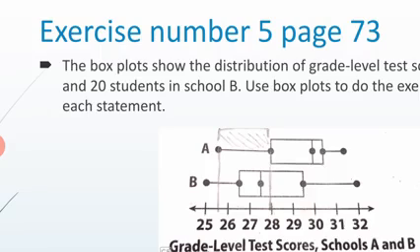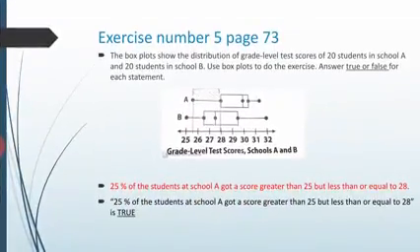So I colored it in gray. This distance is from more than 25 to 28. So it's right to say that it is greater than 25 but less than or equal to 28. So this statement is true.